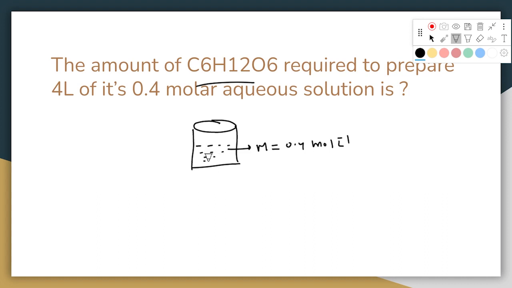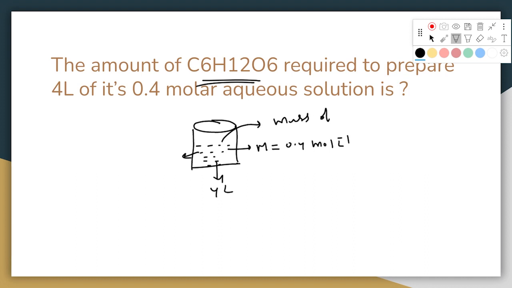Here I have this C6H12O6. Okay, this is a 4 liter aqueous solution. C6H12O6 is the solute. Now, what is the volume of the solution given? 4 liters. Now, asked to calculate the mass of the solute.